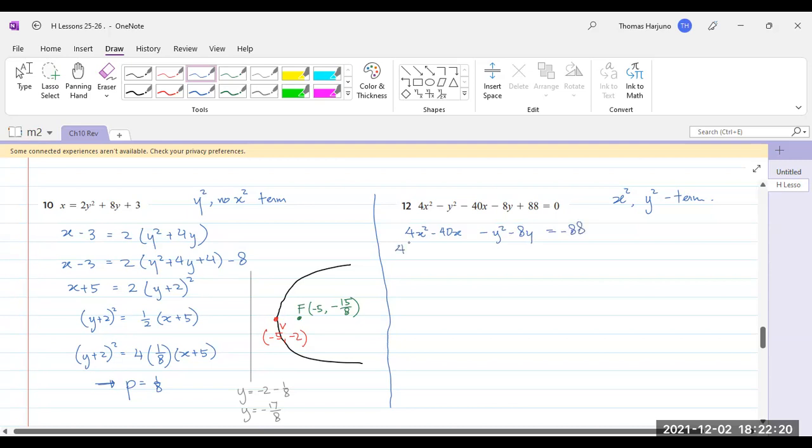I will factor out 4 and complete the square after that. I will add 25 here to complete that, which means I add 4 times 25, that's 100.